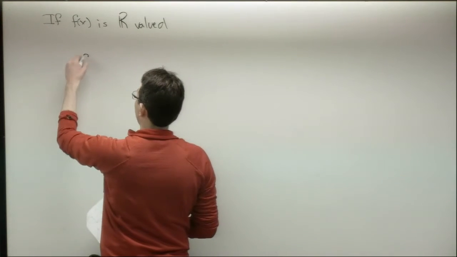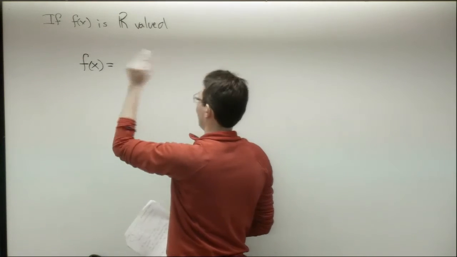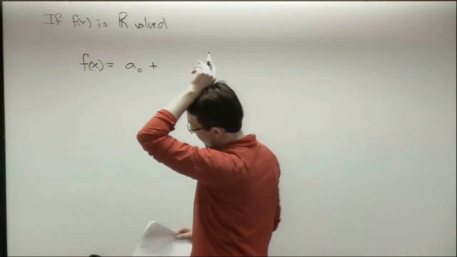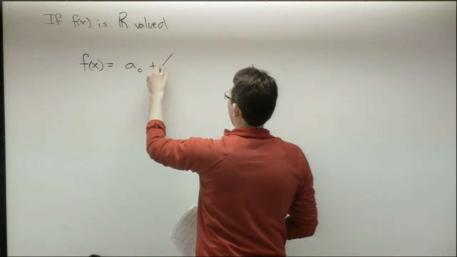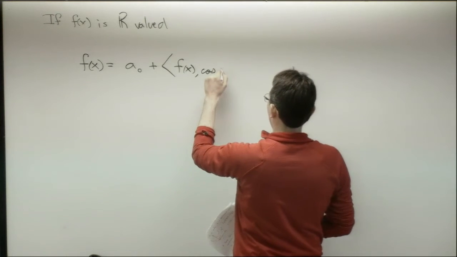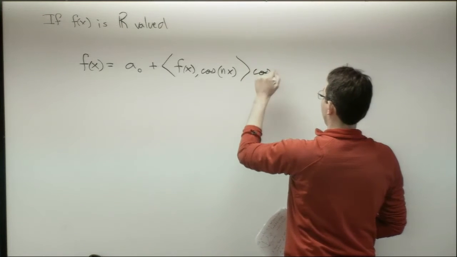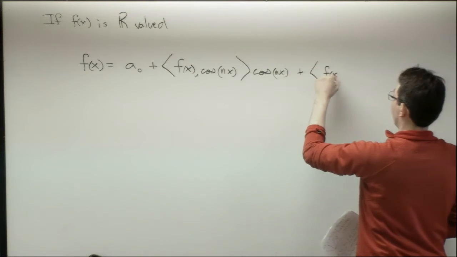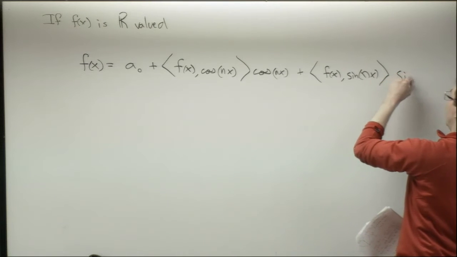So we have f of x equals some constant plus the inner product of f of x with cos nx in the cos nx direction, plus some inner product of f of x with sine nx in the sine nx direction.